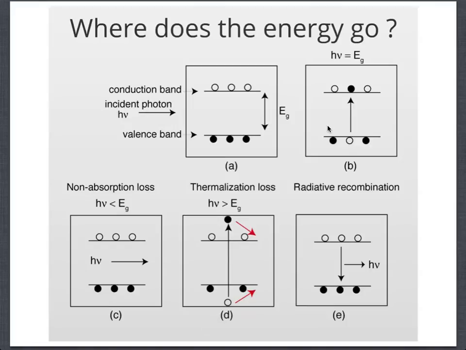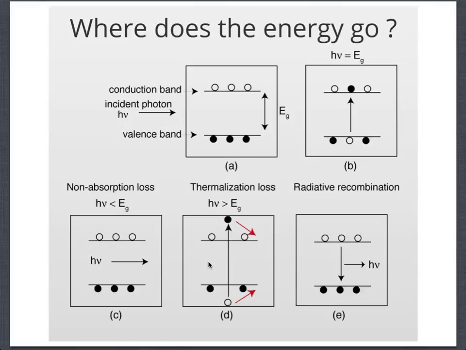This is a cartoon picture of band structures. This is the valence band and this is the conduction band. As photons come in, there can be several scenarios. If the photon energy is equal to the band gap of the material, then it's absorbed. If it's less than the band gap, the photon just passes through.